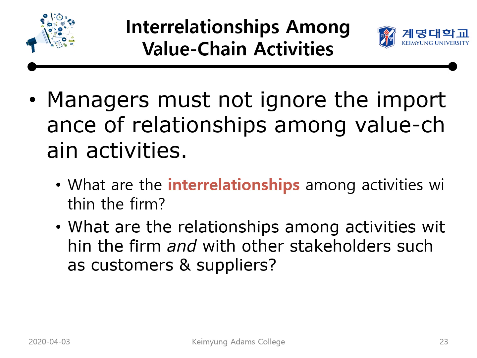The strategic exchange relationship involves exchange of resources such as information, people, technology, or money that contributes to the success of the firm. That is why managers must not ignore the importance of relationship among value chain activities.